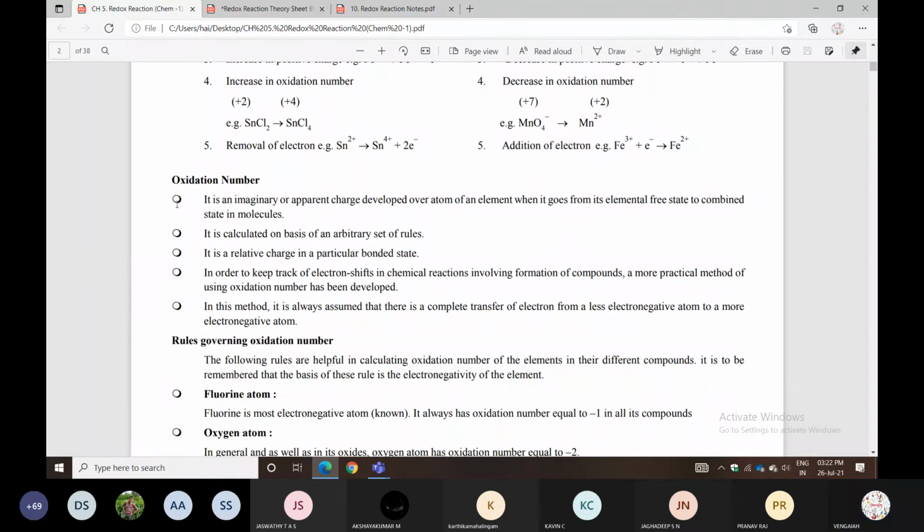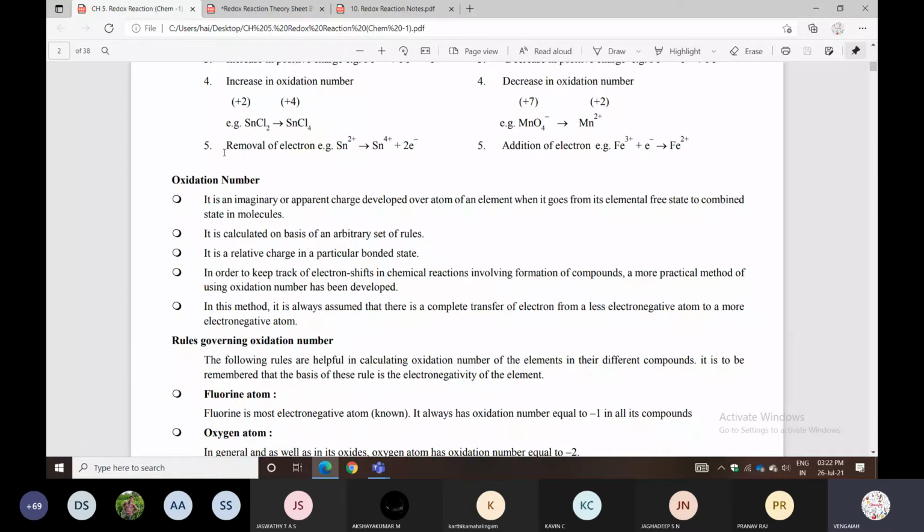Next, the oxidation number. It is an apparent charge developed over an atom or an element when it goes from the elemental free state to the combined state.